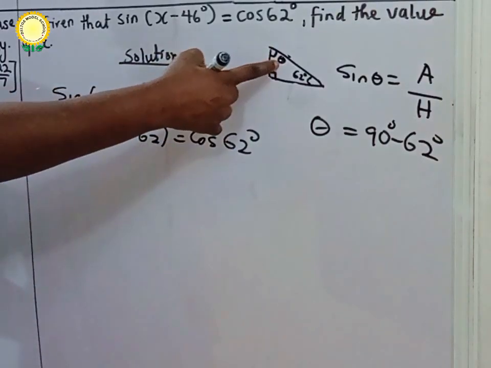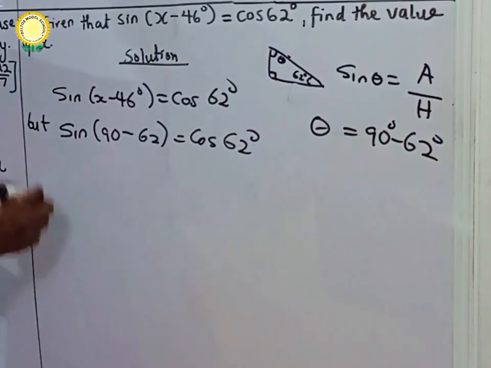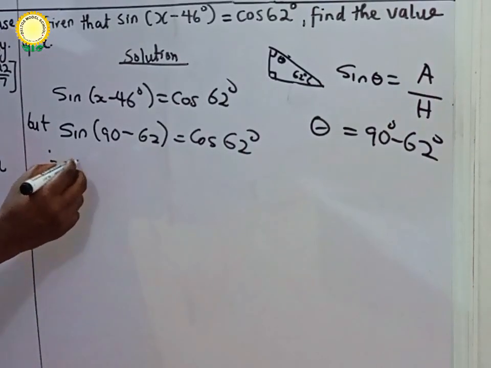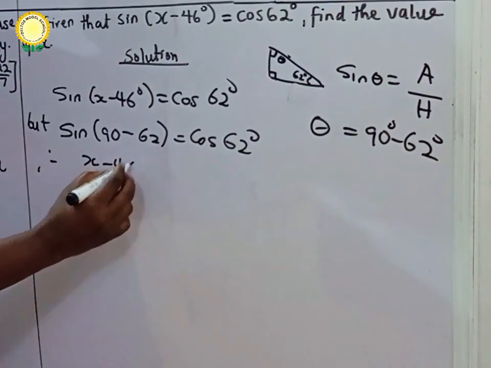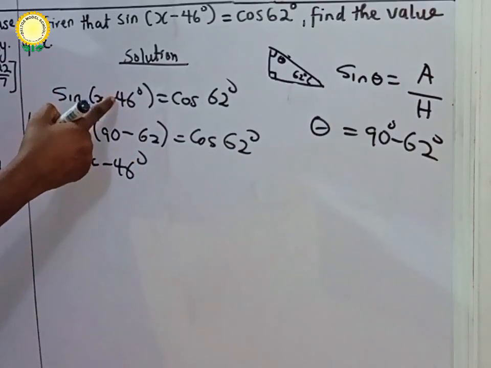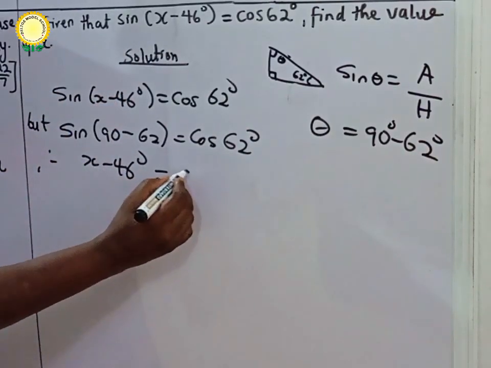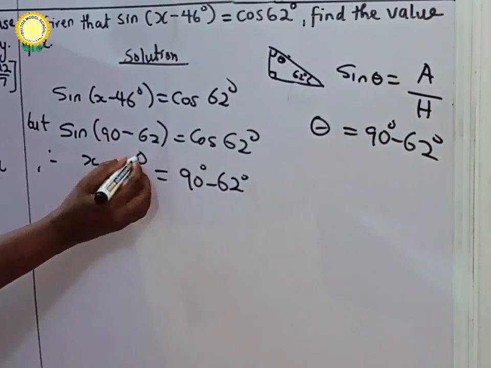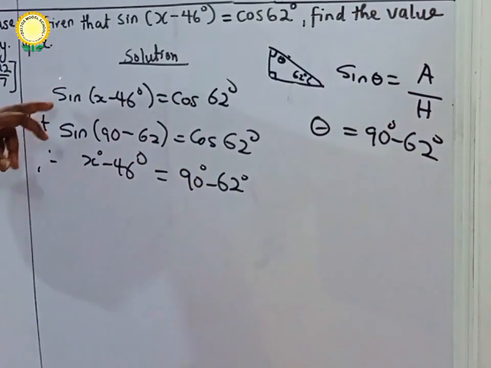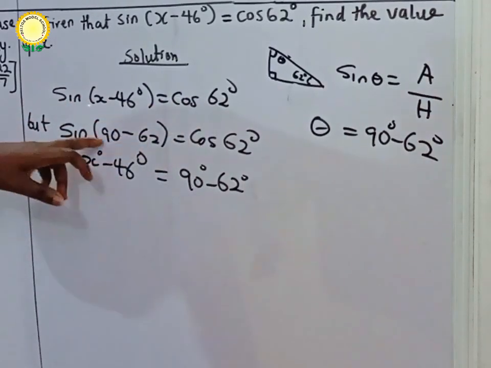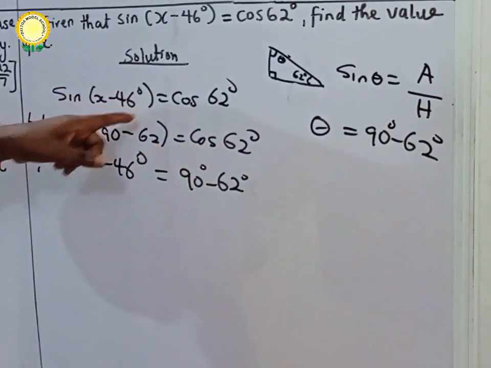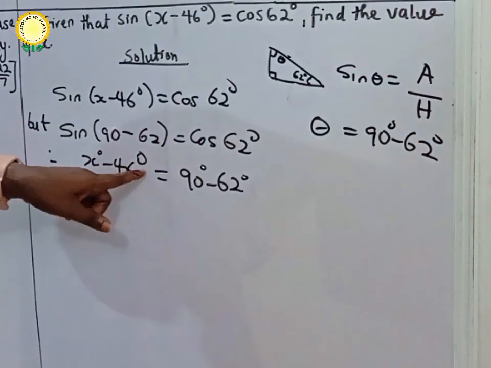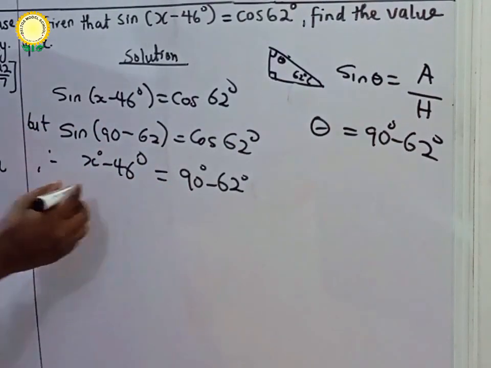Therefore, are we following? x minus 46 degrees will be equal to 90 minus 62. If this is equal to this and this is equal to this, that means everything here will be equal to everything here. So x minus 46 degrees equals 90 minus 62.